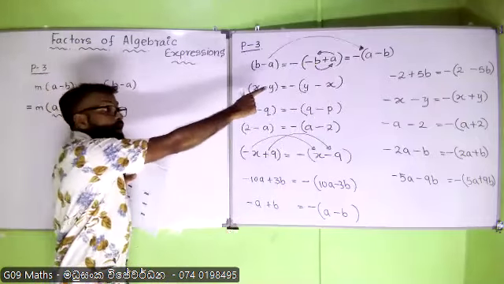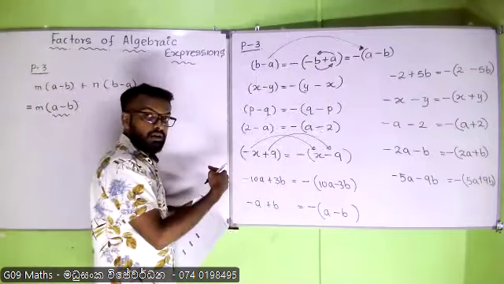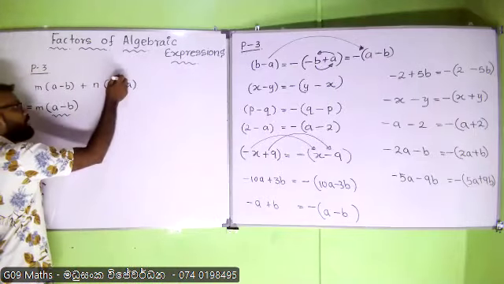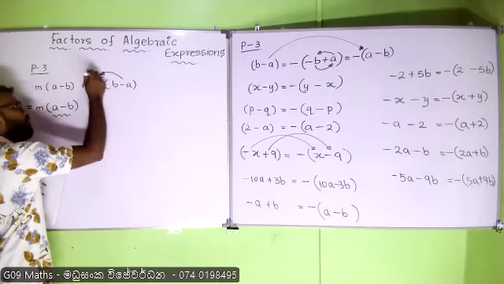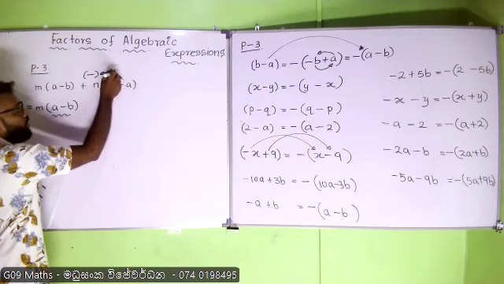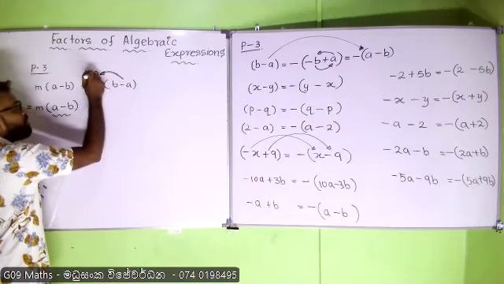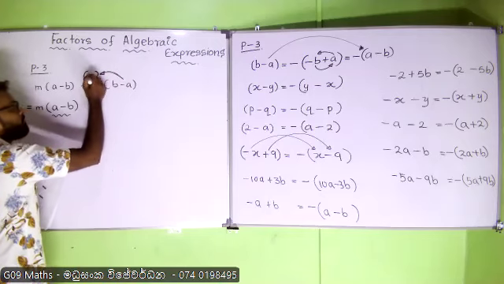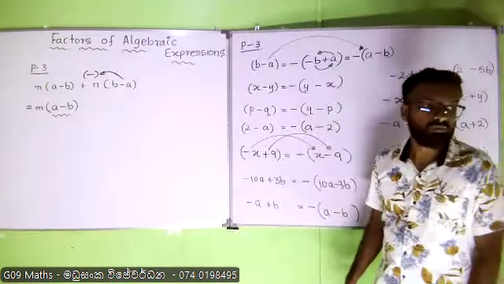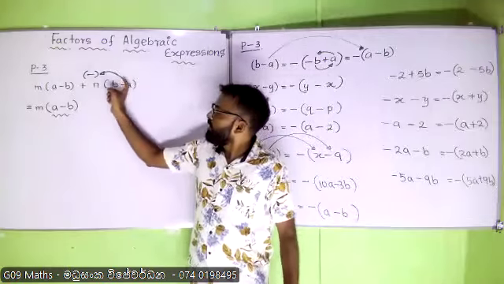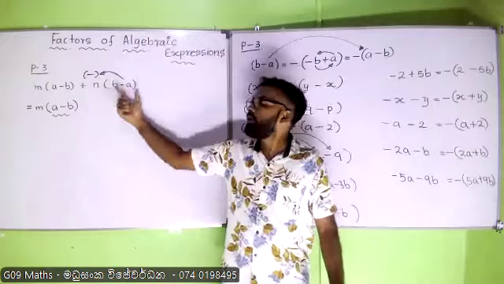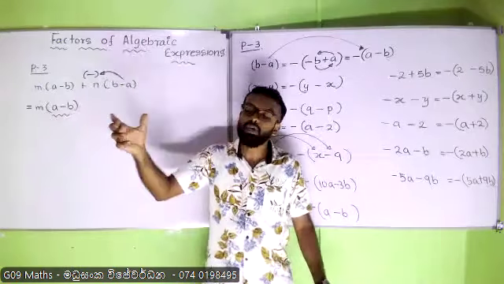I am taking the negative sign out from here. Please put an arrow mark like this and mention you are taking the negative sign out from here. It would be better, then you can understand what we are going to do. Show by using an arrow that you are going to take the negative sign out from b minus a so that you can arrange a minus b inside the bracket.